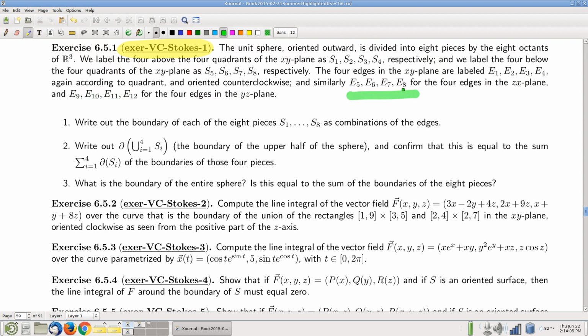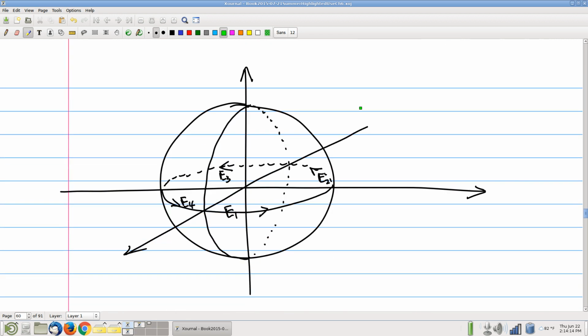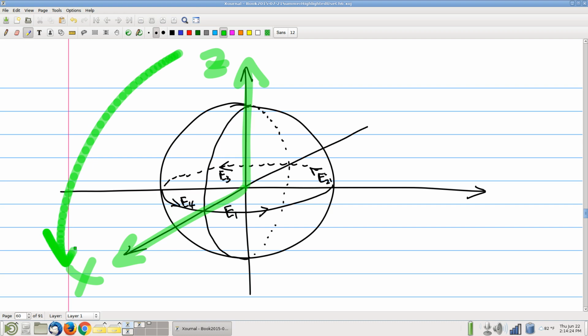Now, 5, 6, 7, 8 in the ZX plane. Notice I wrote ZX. By having put the Z first and the X second, I intended to suggest which direction is the first one and which direction we're going around in that plane.